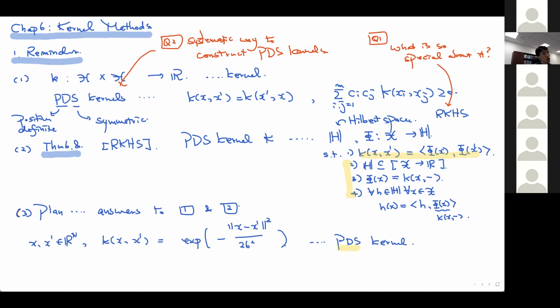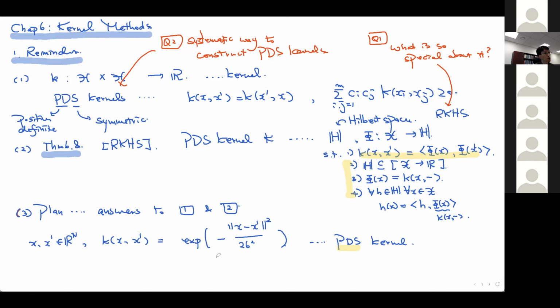The second question is, suppose we are able to prove this is a PDS kernel. If you want to use this RBF kernel, then we want to have some understanding about what kind of feature space we are really using here. What's really going on? Of course, in practice, if you use the RBF kernel, maybe you can find some solution to your problem.